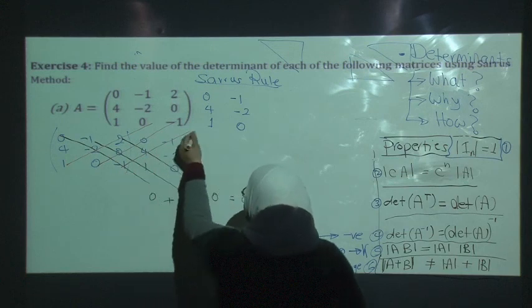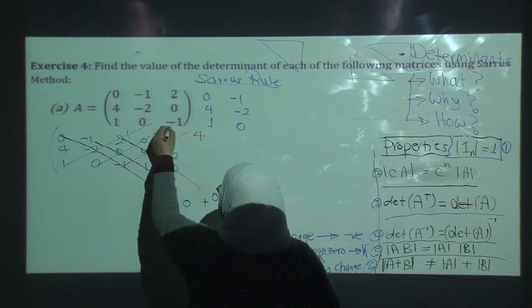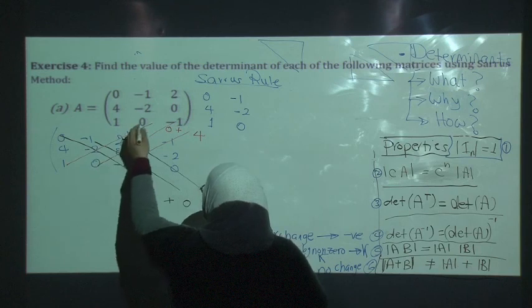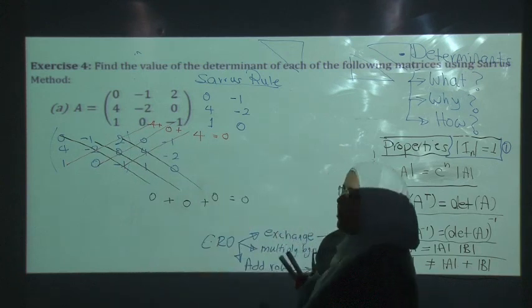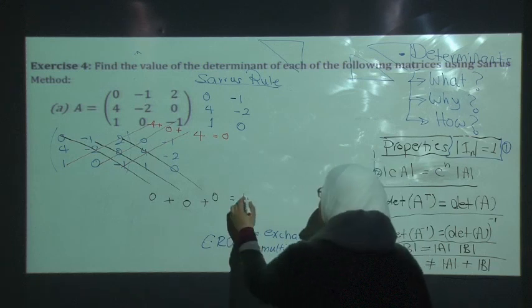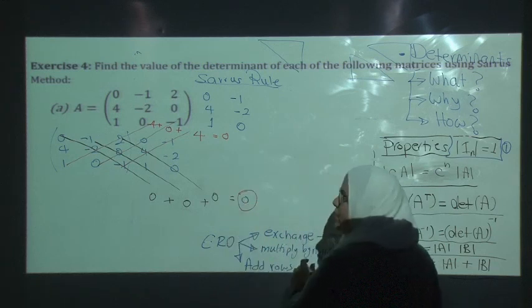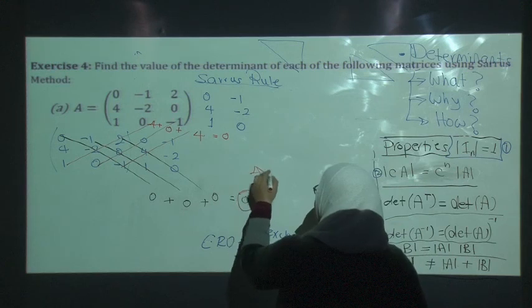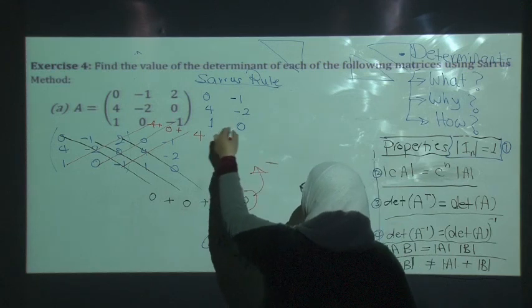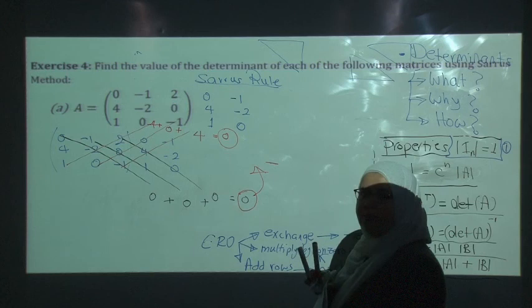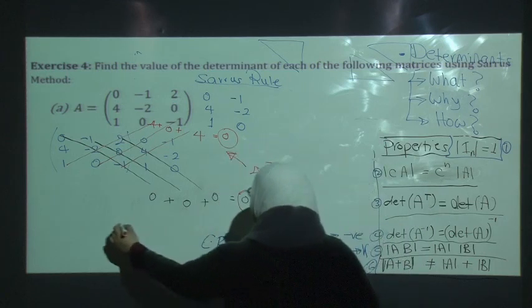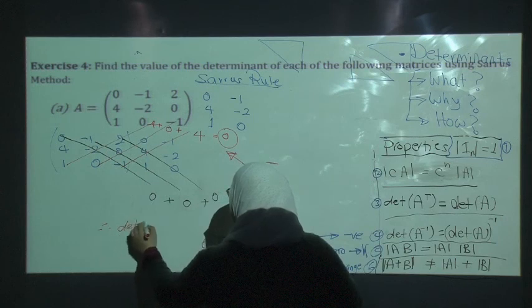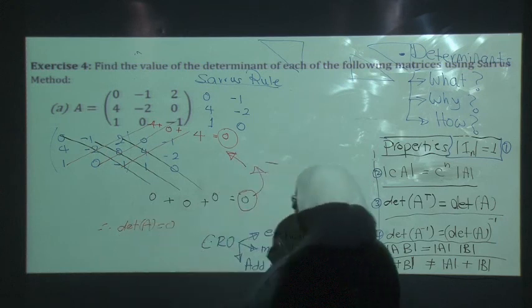This product is 4. Here it's 0. Finally here it's negative 4. So we get 0. And what we do is we take this lower sum of products minus the upper sum of products, and we will get the determinant. Therefore, here the determinant of A is equal to 0.